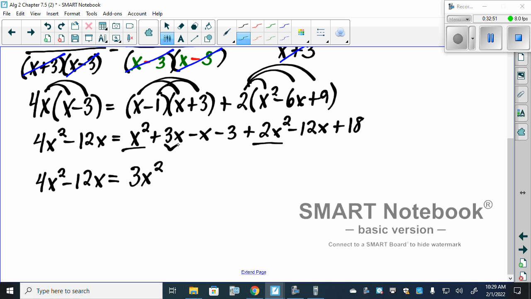Now our 3x minus x is 2x, minus 12x is negative 10x, because we have 3 minus 1, which would give us a positive 2, and 2 minus 12 would give us a negative 10. And last but not least, we have negative 3 plus 18, which is plus 15.